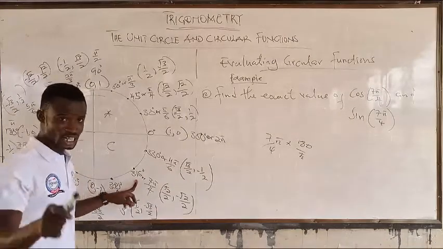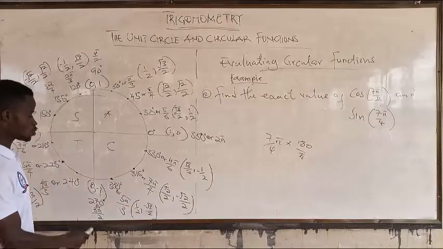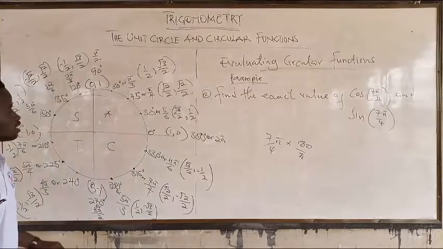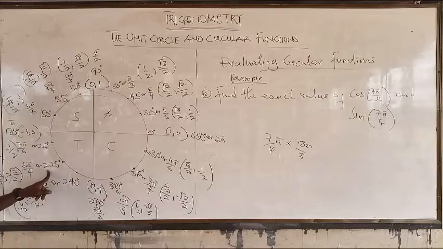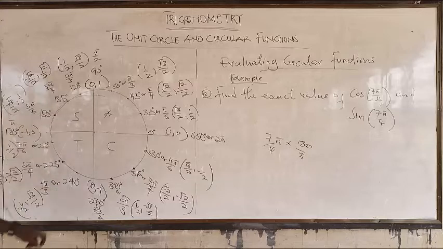That will tell you that it is in the 4th quadrant. This is also going to be the same as 225 in terms of reference. So like what I said, this is similar to this. Very good.